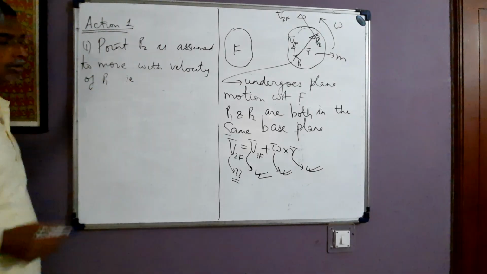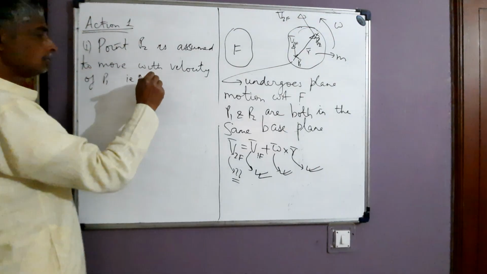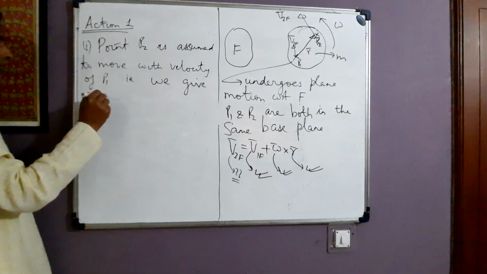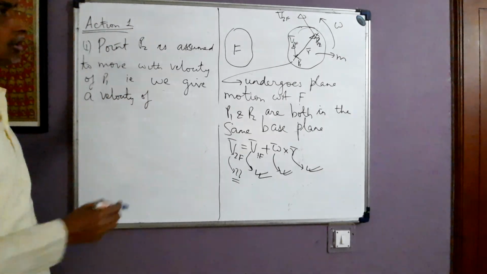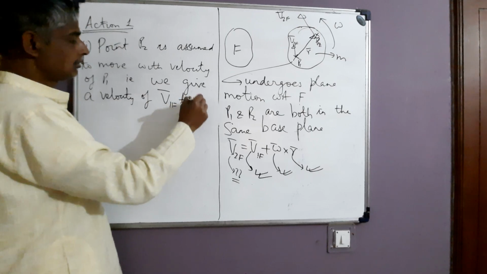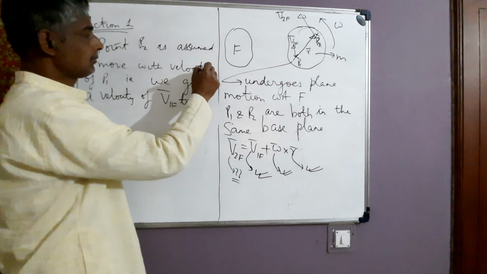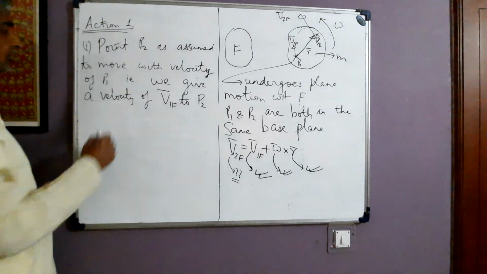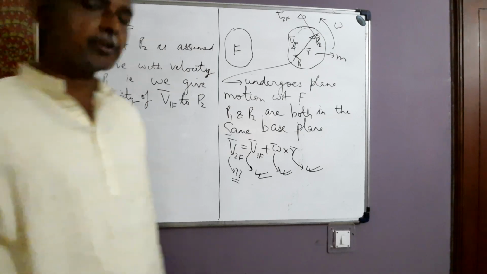That is, we give a velocity V1F to P2. That is the first action.